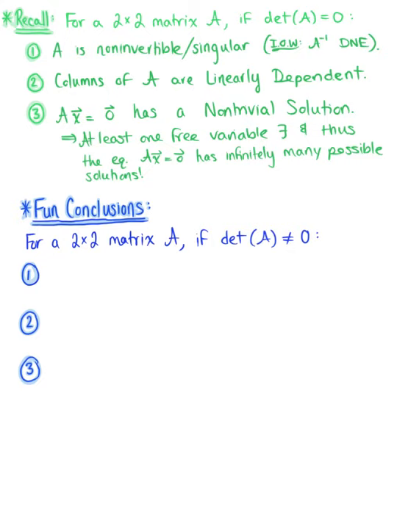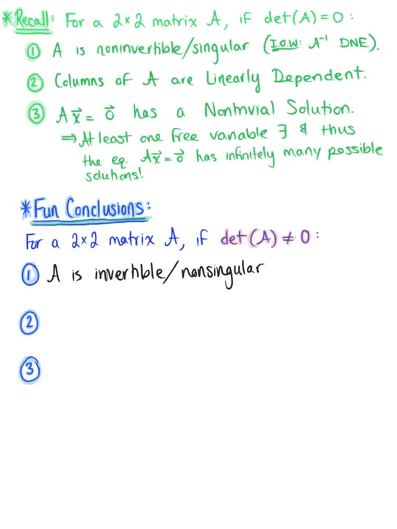So what I'd like to do now is take these conclusions and think about them in the opposing direction. So for a 2 by 2 matrix A, if the determinant of matrix A does not equal 0, then we know that matrix A is invertible or non-singular.